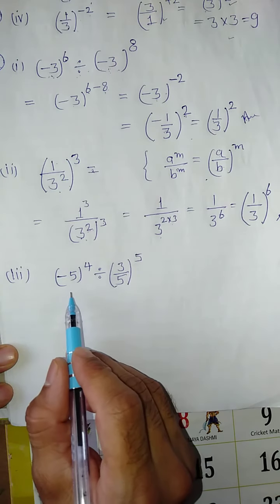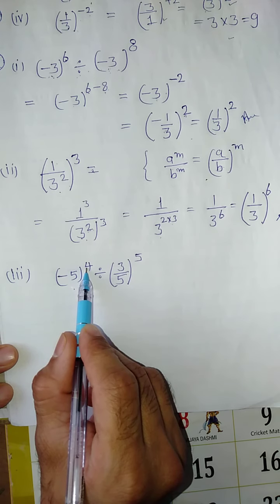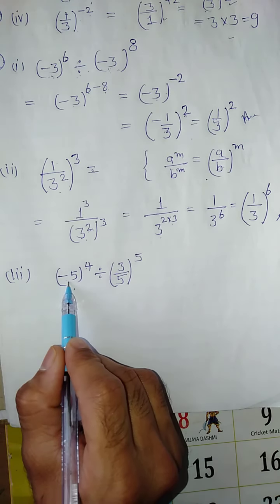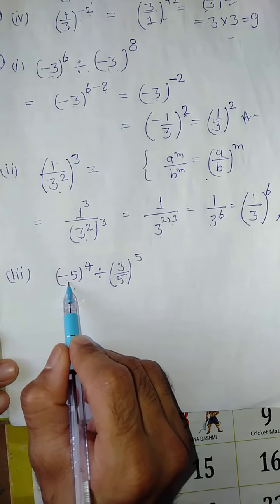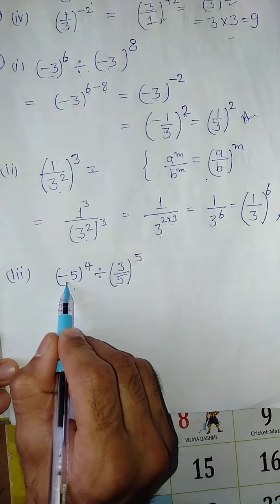See, first try to understand this. This is an even number, right? And this is a negative sign. It means the final result, product will be positive, right? Even power is there, it means positive we will get.